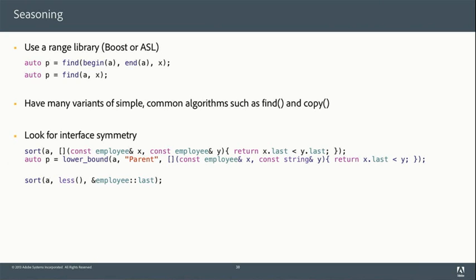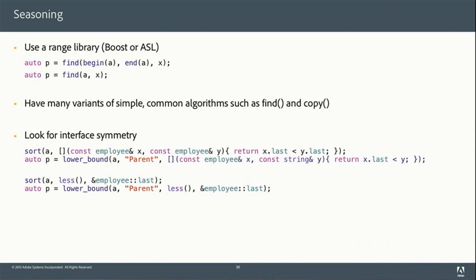The last name there is a pointer to a member, and ASL will recognize that it can turn a pointer to a member into a function where, given an object of that type, it returns the member. You can do that with bind, very simply.